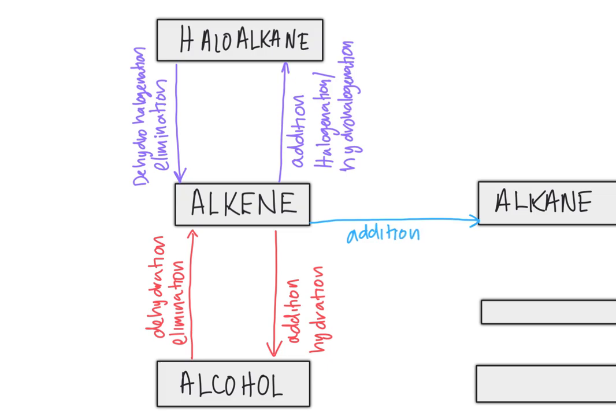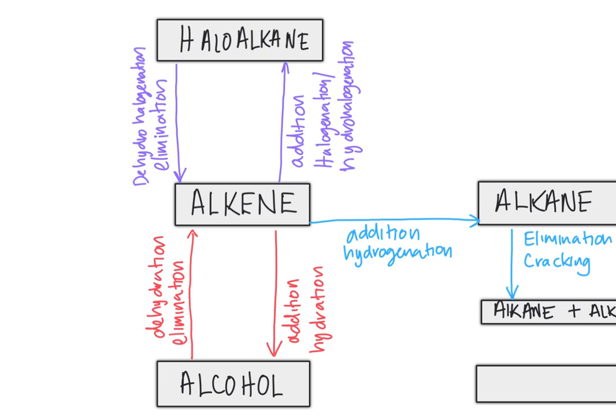And the addition reaction that I can do is hydrogenation. In addition to that, I could make an alkane into an alkane plus an alkene if I do an elimination reaction. And I can do cracking.